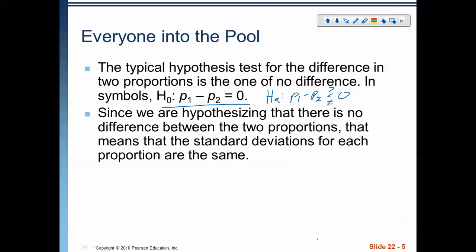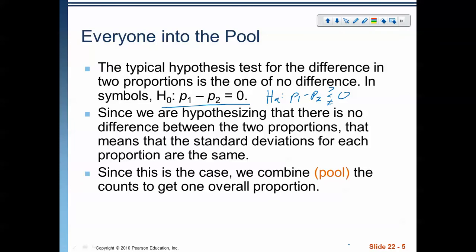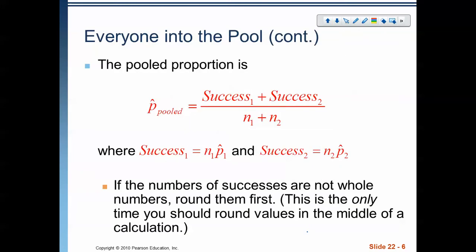Now, we're hypothesizing that there is no difference between the two proportions. That means that the standard deviations for each proportion are the same. Since this is the case, we pool the counts to get one overall proportion.